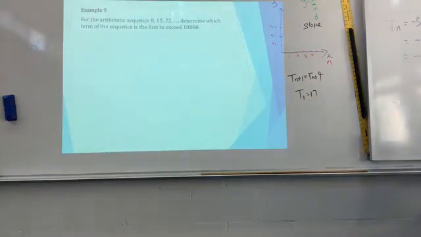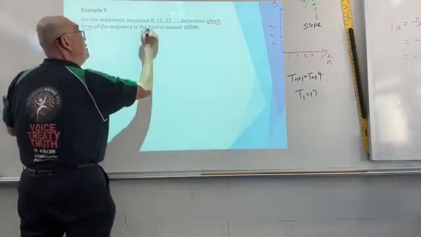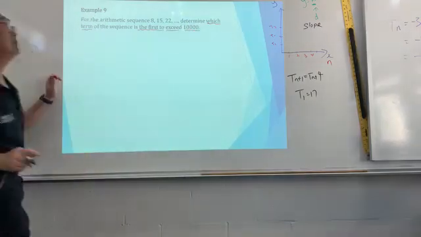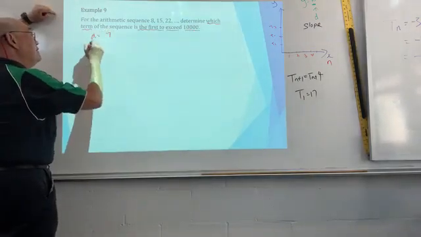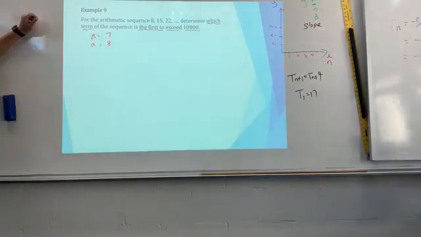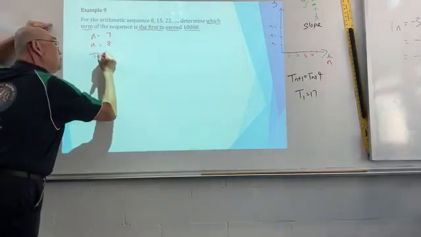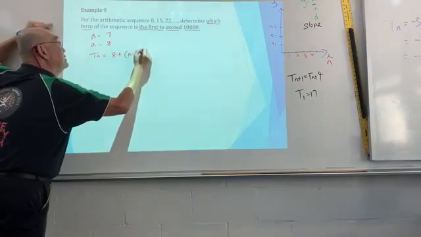So for arithmetic sequence 8, 15, 22, determine which term of the sequence is the first to exceed 10,000. Alright, so you know that D is 7, A is equal to 8. Correct? Yeah? So write that down. Tn equals 8 plus n minus 1 times 7.